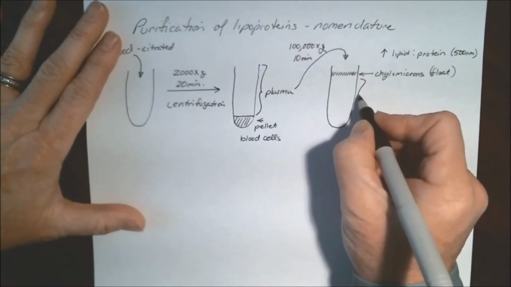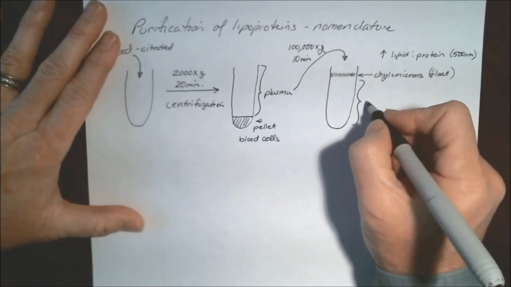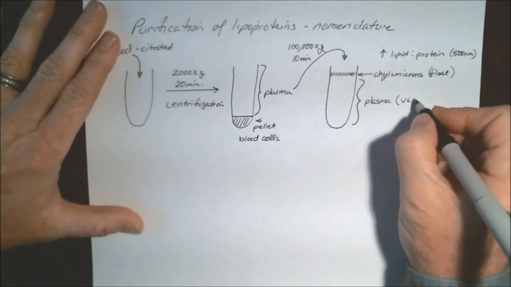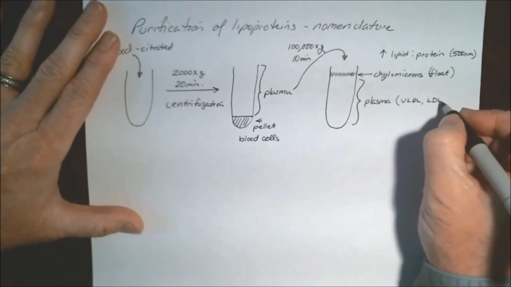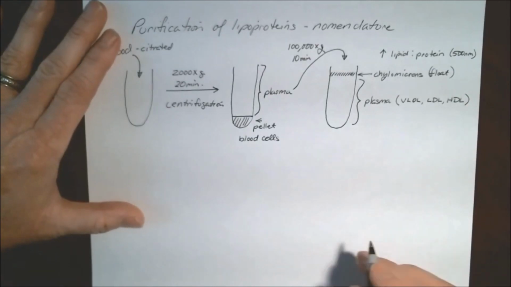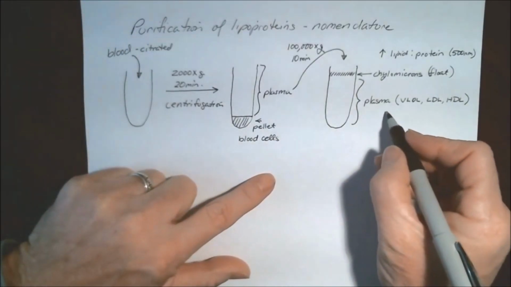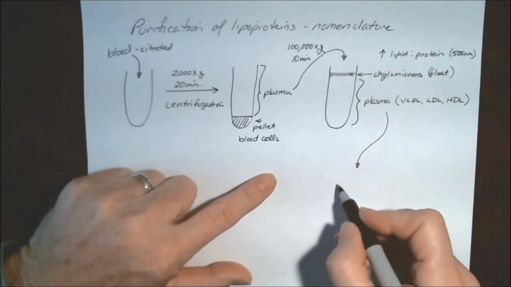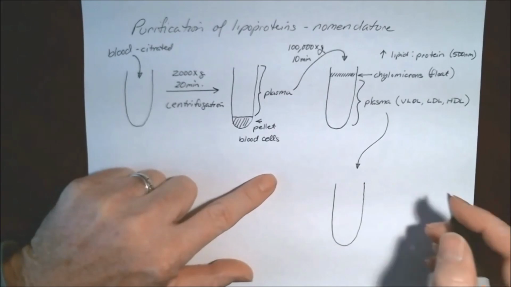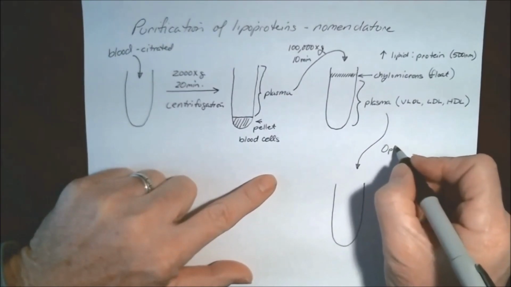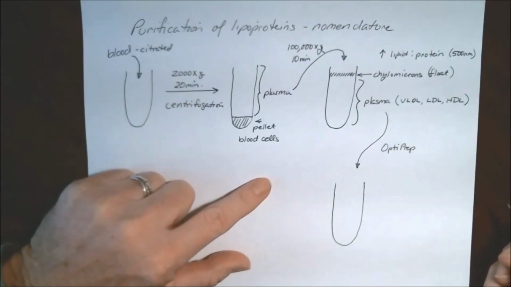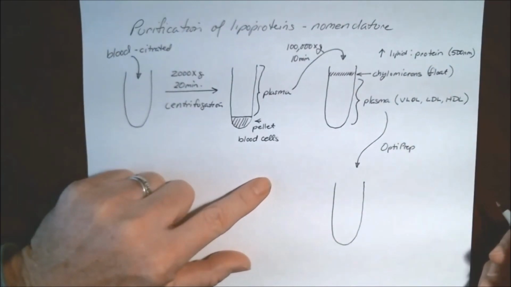Now, the remaining plasma material is going to contain our VLDL, our LDL, and our HDL. So in order to separate these, we are going to put these onto another tube. But in this case, we are going to mix this material with a reagent called OptiPrep.